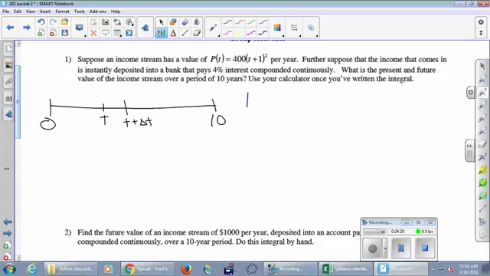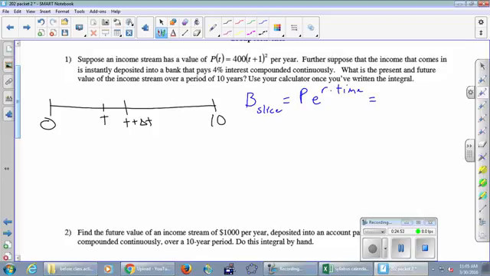Okay, let's give this a shot. The future value of our slice is P e to the r times time. We've written that formula many times today. That's PERT. Let's just pull the pieces apart. P becomes our income stream times what? Times the little delta t.